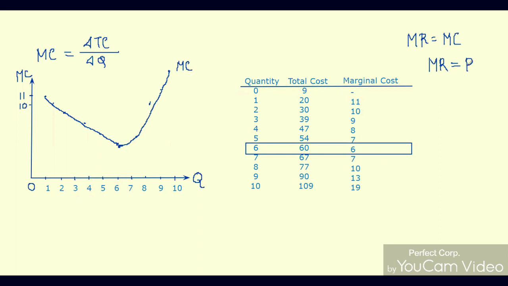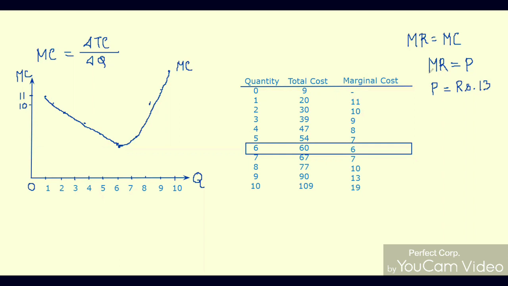Why? This is because we are considering a perfectly competitive firm, and for the perfectly competitive firm, the firm has no control over the price, that the firm is the price taker, he is not the price maker. So if the firm wants to sell one more unit of output, the firm can sell it nothing but at the market price, which is rupees 13.